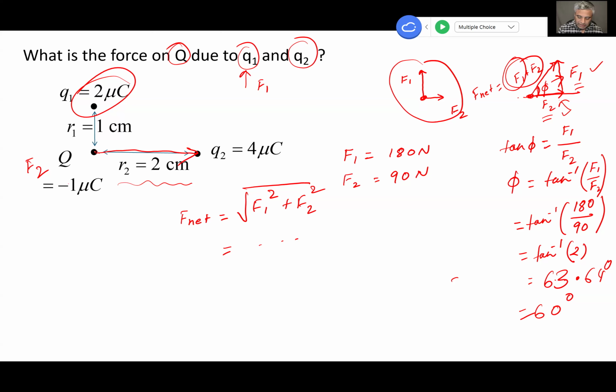F2 is pointing that way, F1 is pointing that way, our F net is that. So this is the angle we found. That makes that many degrees with the line joining Q and Q2. If you want to find this angle, you can now do it. That is going to be 90 minus this phi, or 60 degrees, so it's going to be around 40 degrees.